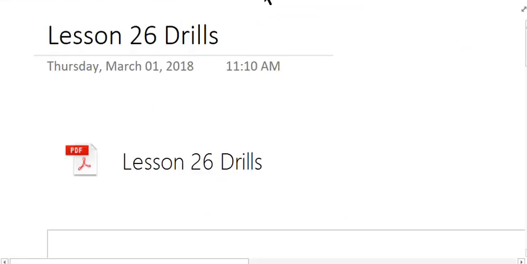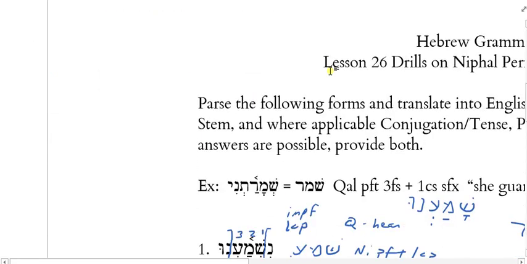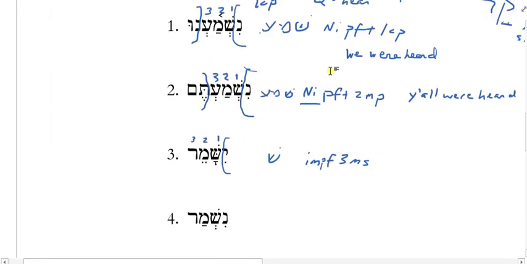So I know that whatever this means, it means something like he will, right, for the imperfect. And I just don't know, is it active or passive? What stem is it? I've got to look at the vowel pointing and determine what I've got here. Now, is this the Qal imperfect?